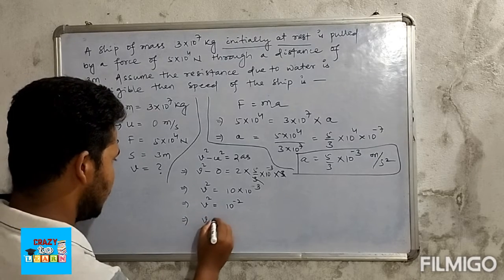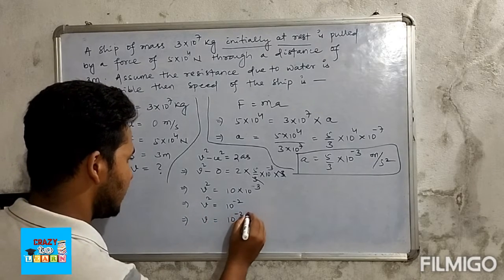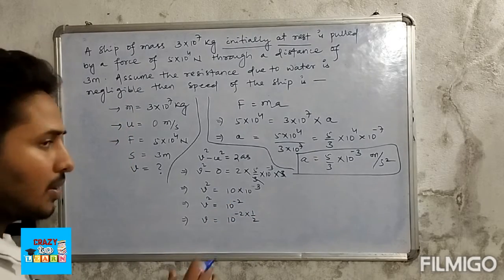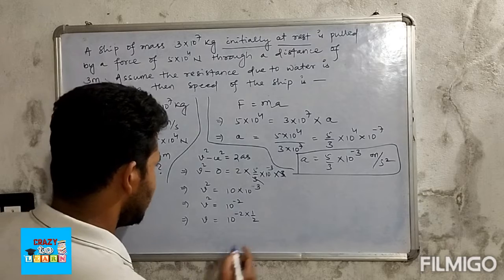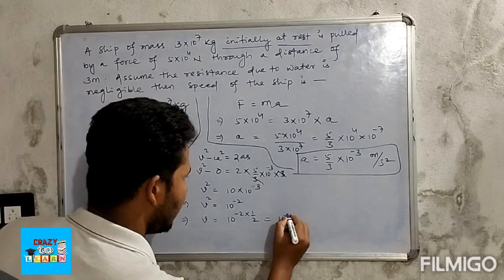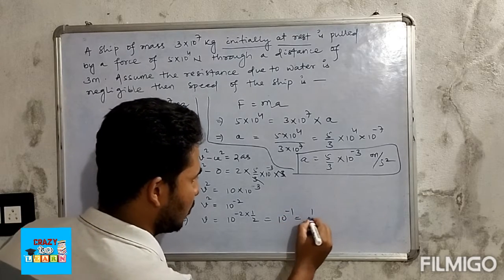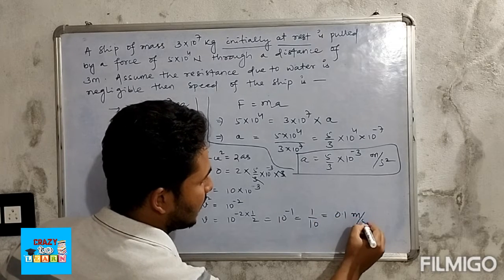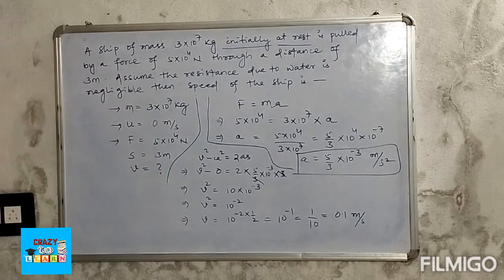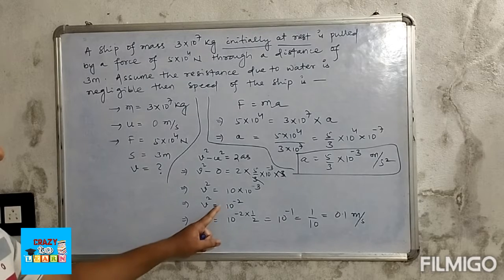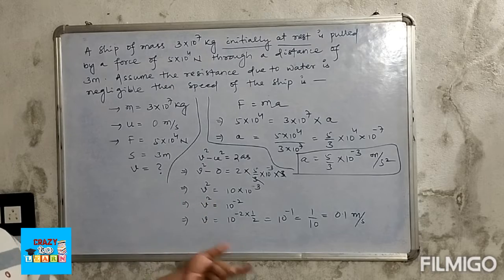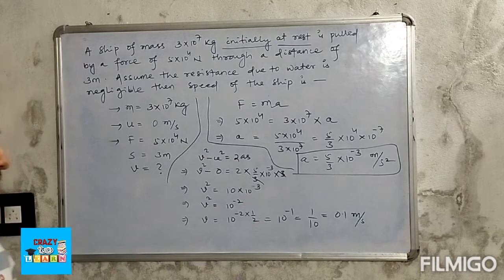So V is equal to 10 to the power minus 2 multiplied with half, power multiplied with half. So we will get 10 to the power minus 1 or 1 by 10, which is equal to 0.1 meter per second. Okay, otherwise just take the square root here, square root of 10 to the power minus 2, that means 10 to the power minus 1.